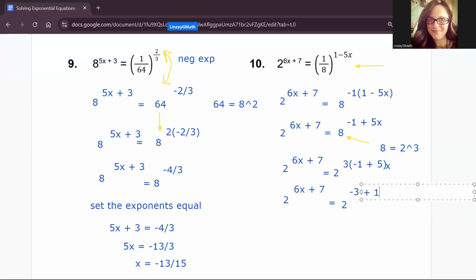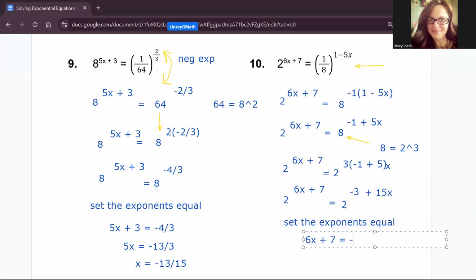Negative 3 plus 15x. And now our bases are the same, and we can set the exponents equal and solve. 6x plus 7 is equal to negative 3 plus 15x.